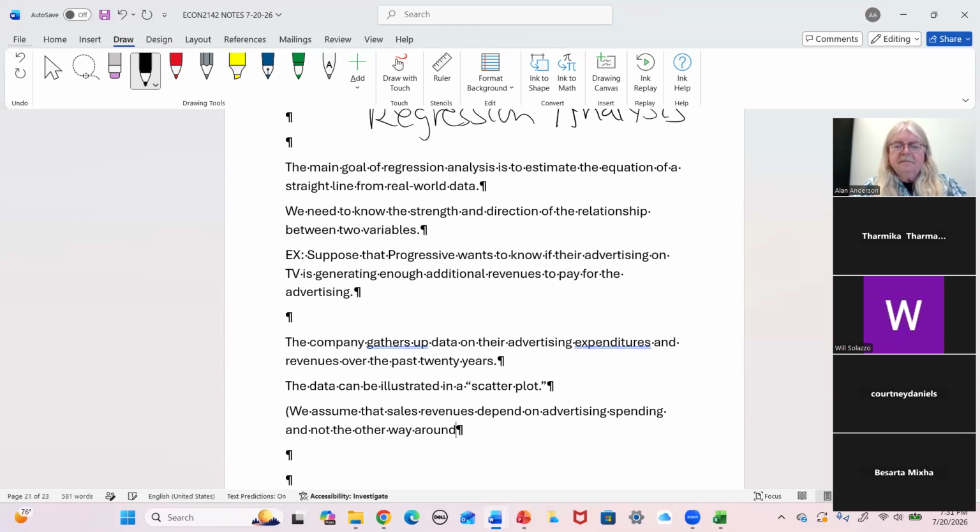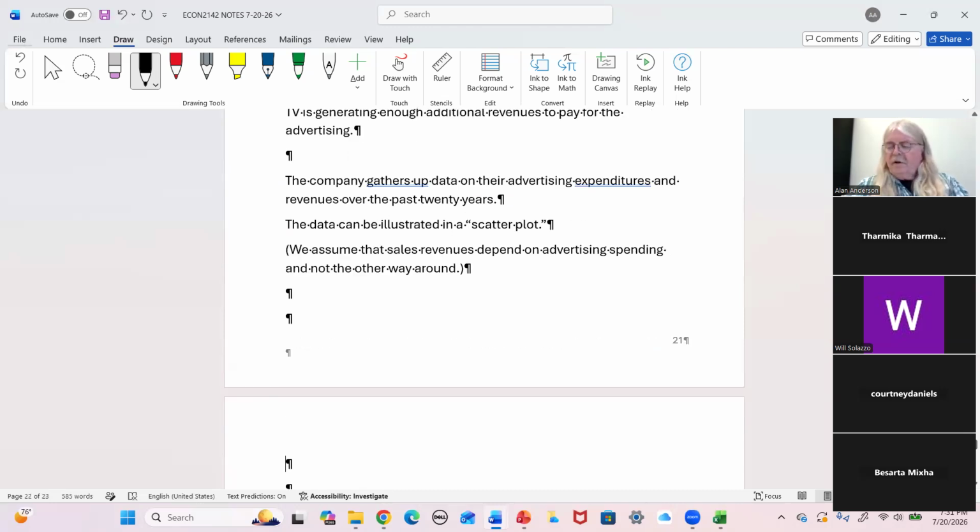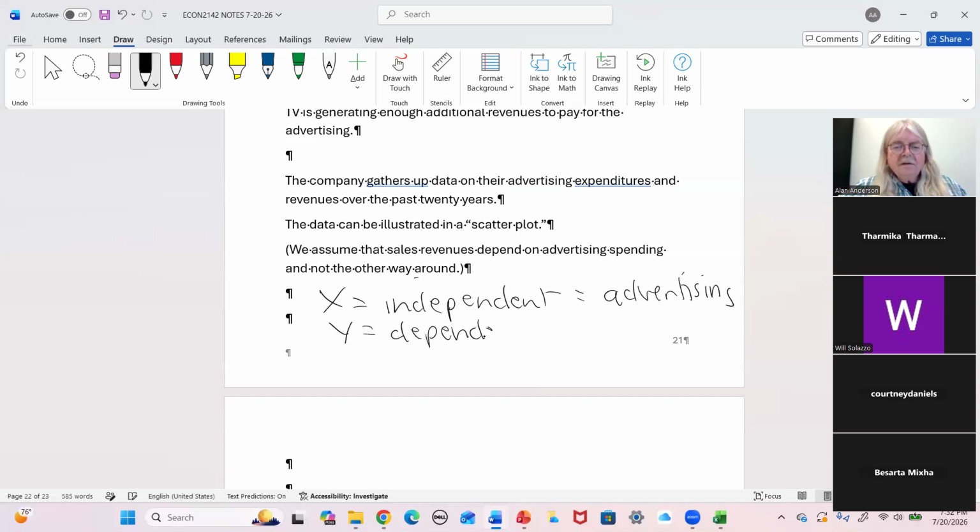So that means X, which is our independent variable, is advertising, and Y, the dependent variable, is the resulting sales. I guess that makes sense to everyone. It's not the other way around. The advertising drives the sales. It's not the other way around.